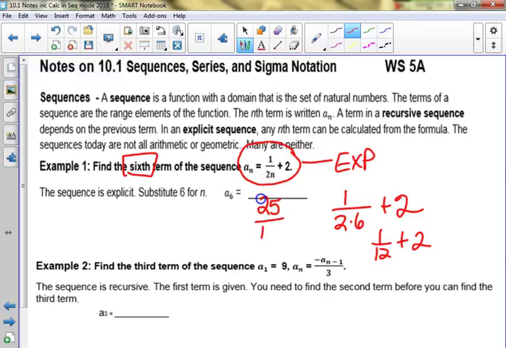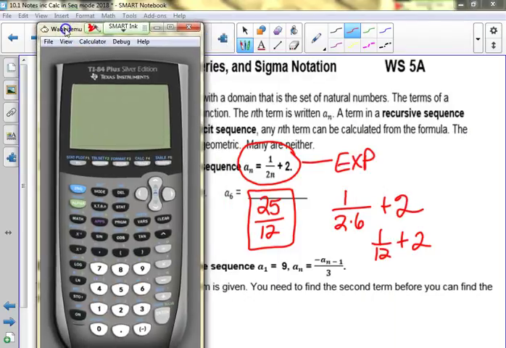Is anybody getting that on their calculator? If you do a math enter. Is that an exact decimal? How can you tell? How can you tell if it's an exact decimal?